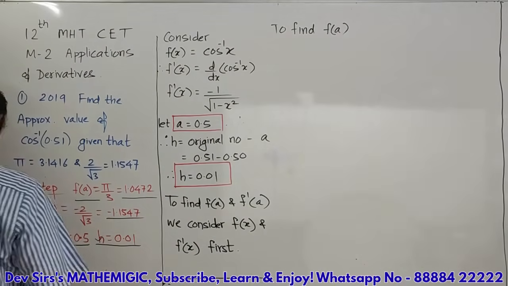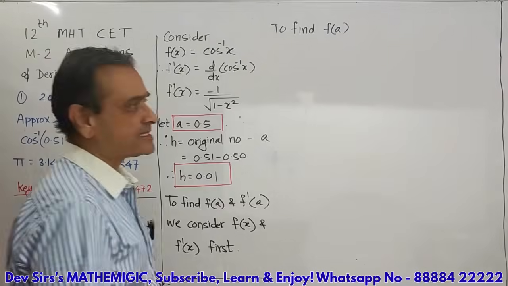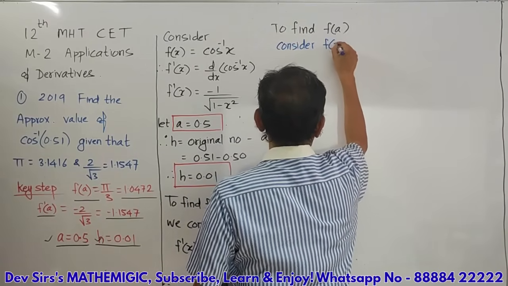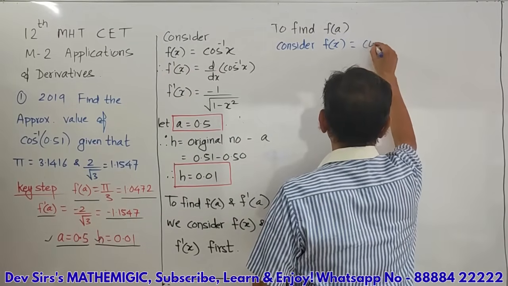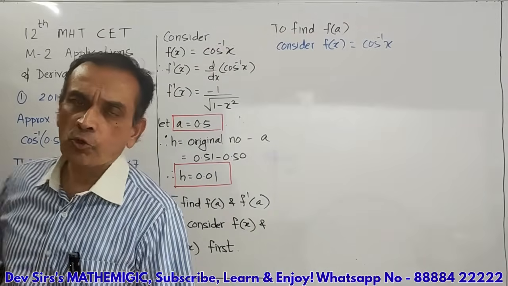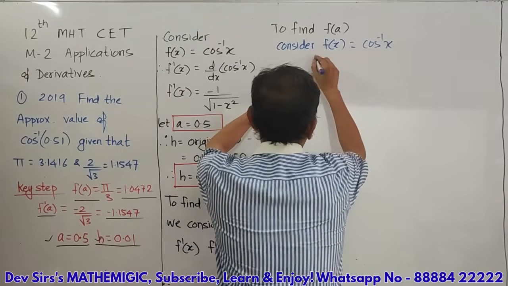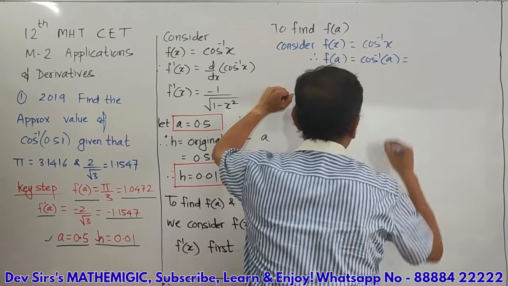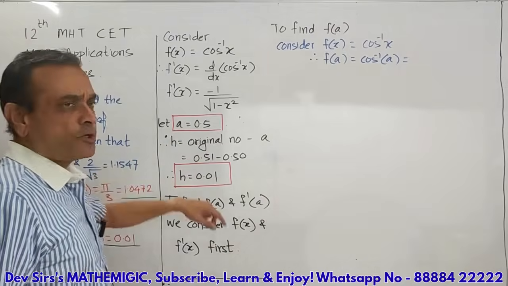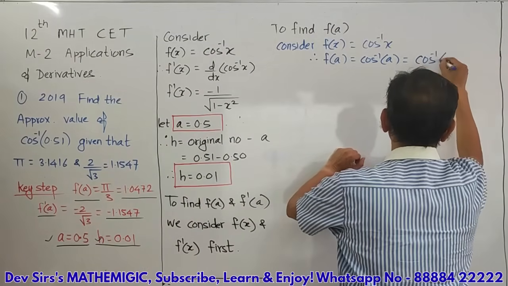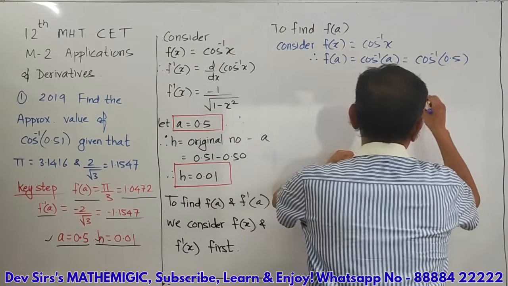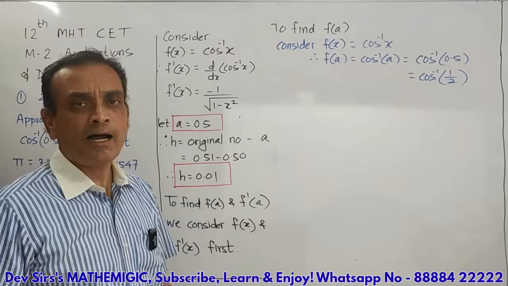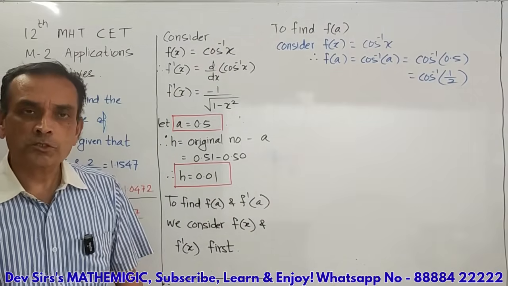So to find FA, we consider fx. The basic fx we took is cos inverse x. How to find FA? Just replace x by A. Put A here, and A here also: cos inverse A, that is cos inverse 0.5, that is half. Now cos inverse half we know. Cos of which angle is half?